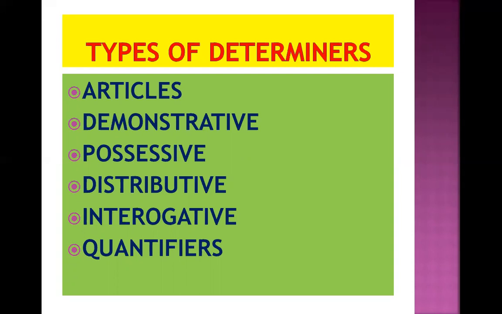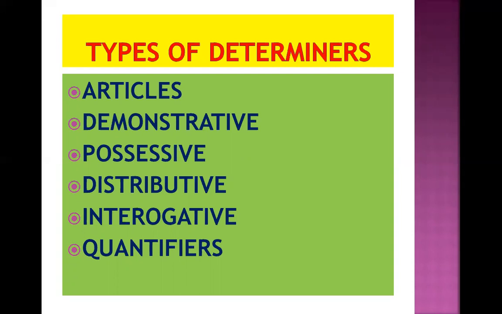We cannot use more than one specific determiner before a noun. And general determiners are used to talk about people or things in general or in an indefinite way. These were the broad categories.